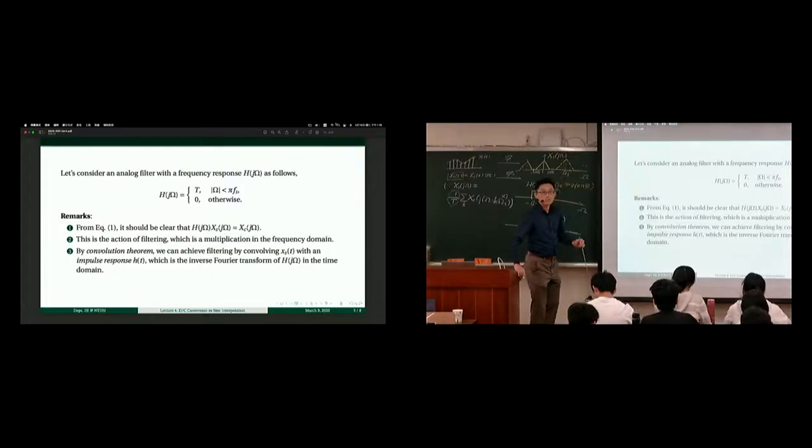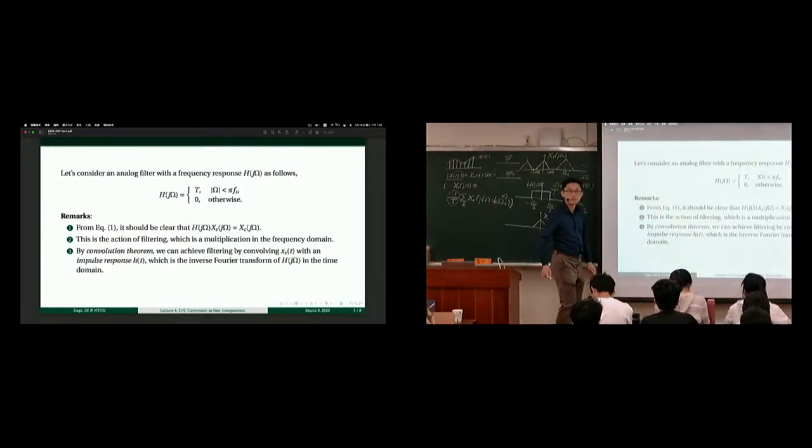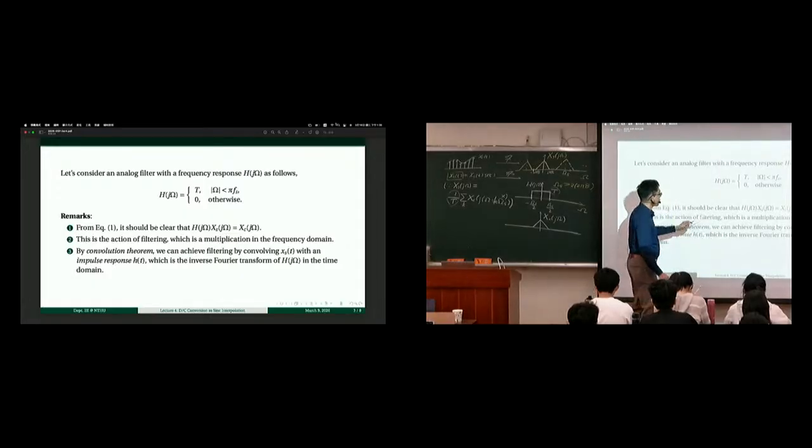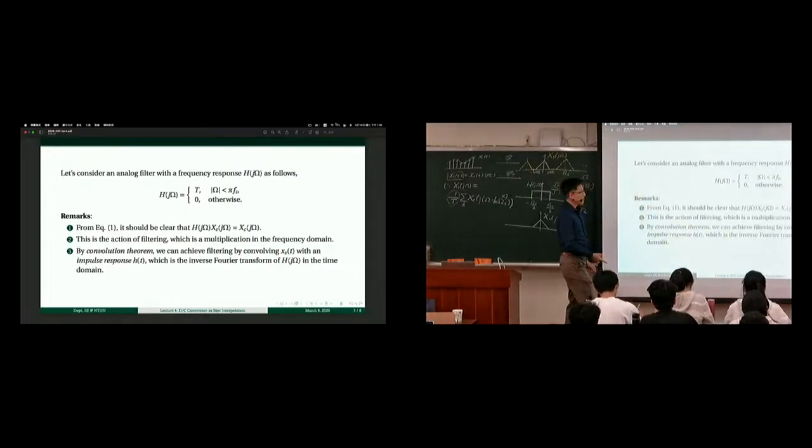We filter, water filter, coffee filter, but in this course, filtering specifically means multiplying two spectrums or two frequency responses. By the convolution theorem, we can achieve filtering by convolving this guy's inverse Fourier transform with that guy's inverse Fourier transform. Multiplication in the frequency domain, convolution in the time domain.